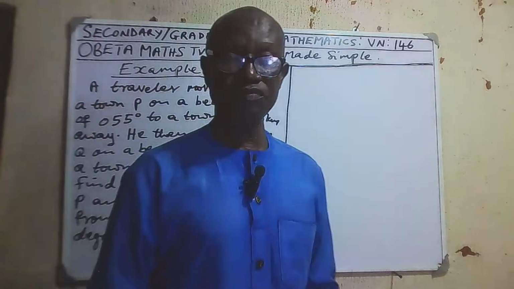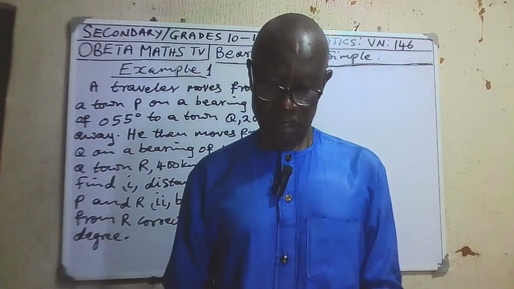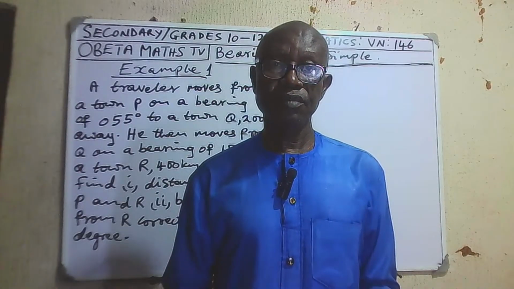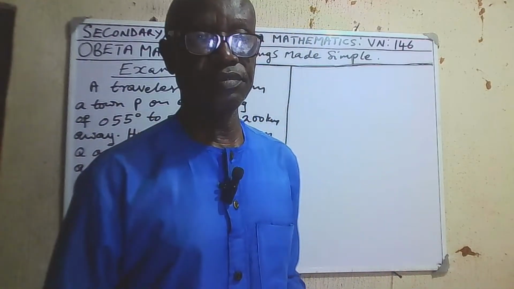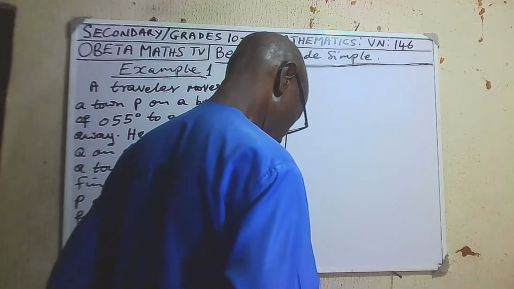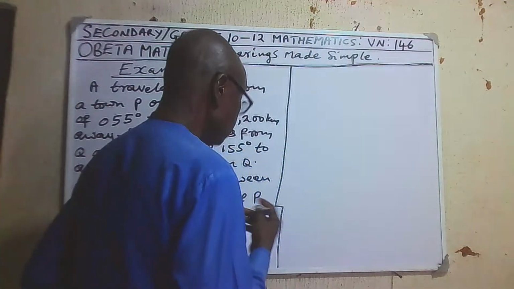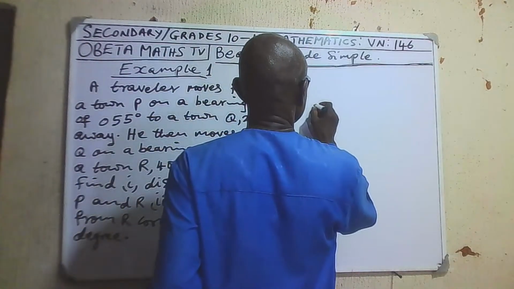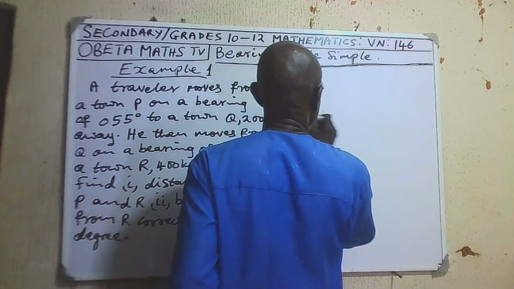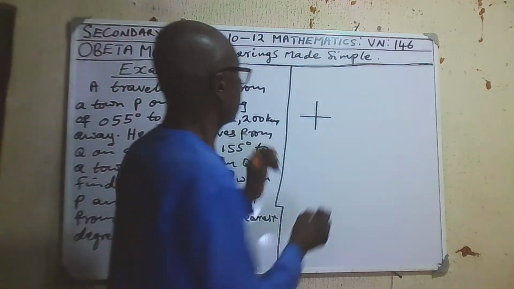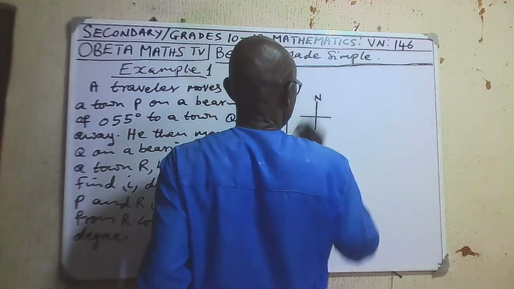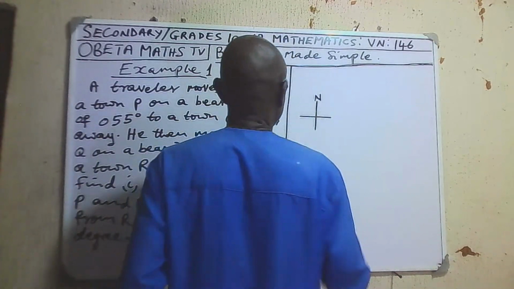As usual, we have to draw our cardinal points showing the bearings. So we start. These are our cardinal points showing north, east, west, and south.